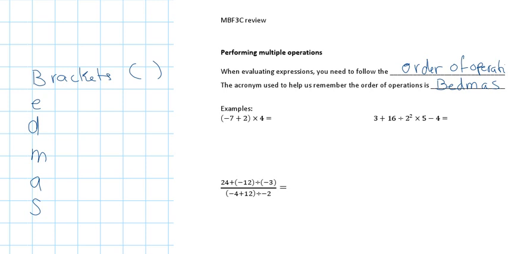So if I have, let's say, 2 to the power of 3, you're going to have to simplify that. You have division and multiplication. Division and multiplication can be done in whatever order they appear in, okay? So whatever comes first. You don't have to do division first and then multiplication. If multiplication appears first, you have to do multiplication first, okay?